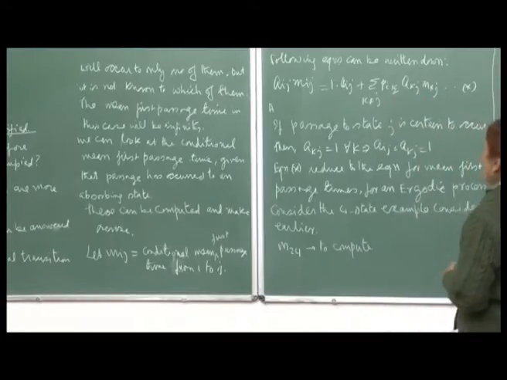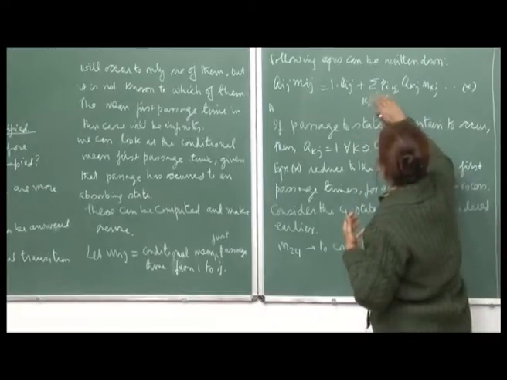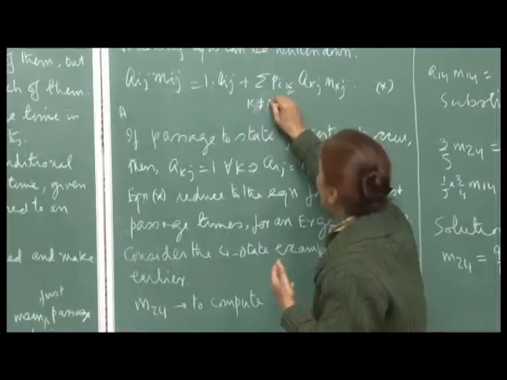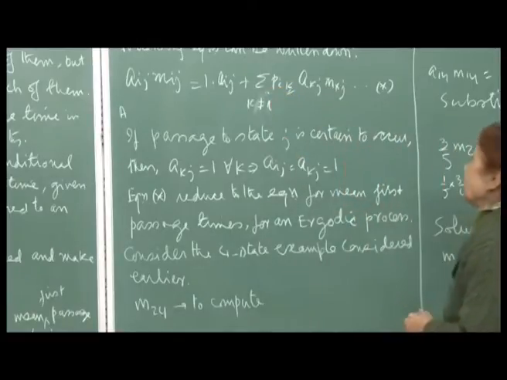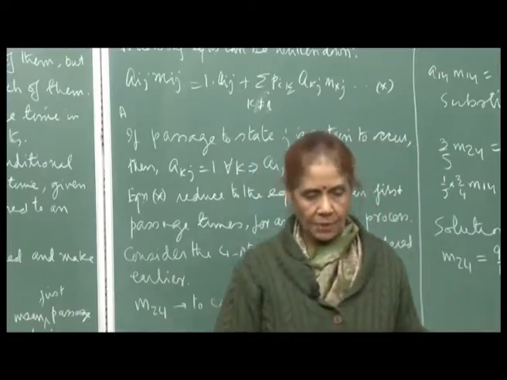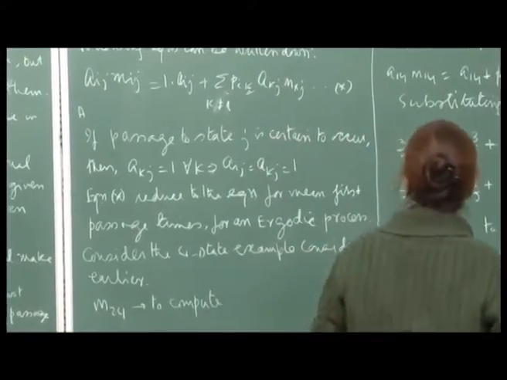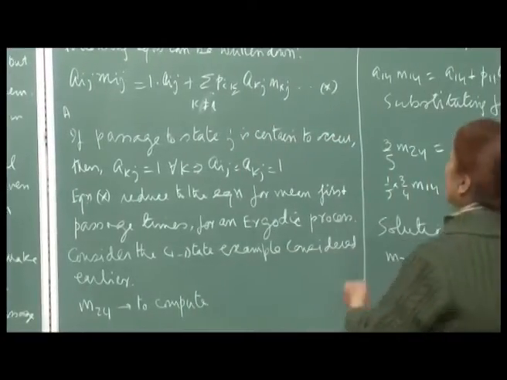So, this you sum over k, where k is not equal to i, because we are wanting to find the transition probability from i to j, where j is an absorbing state, and for the first time. So, you are computing the mean first passage time.